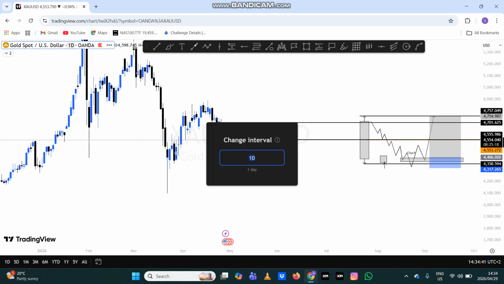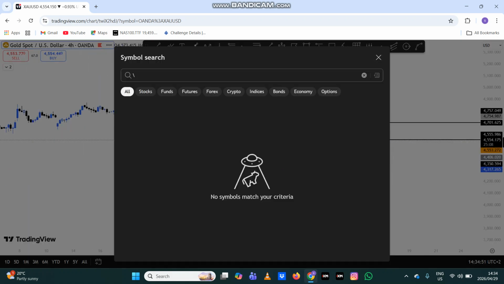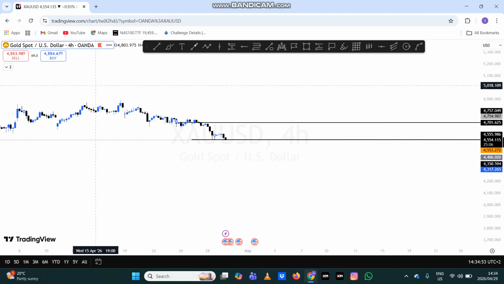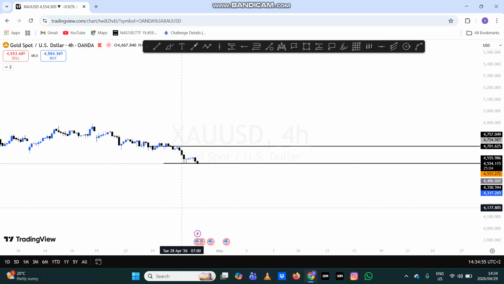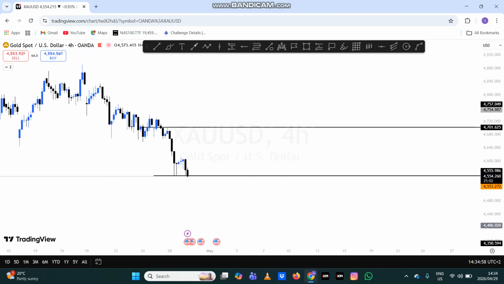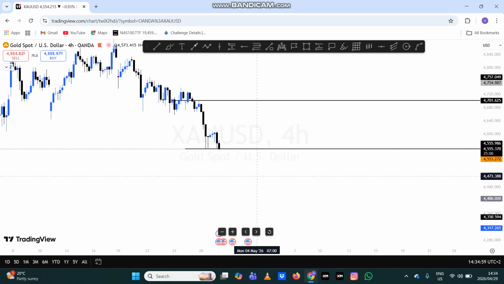I don't think the CRT will play out today, guys. H4 is 240 and 140 is 2. What's happening here? Yeah, so guys, you see now, this is what I was talking about.